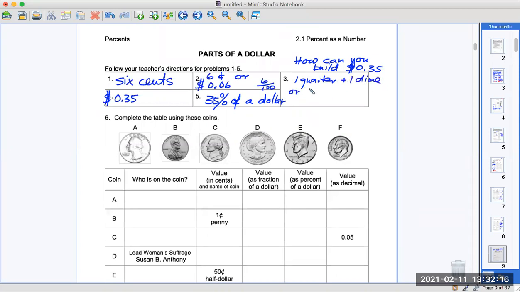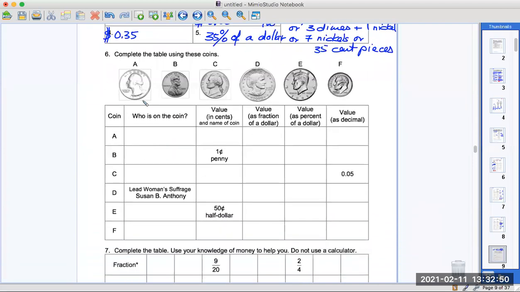Or you could take 3 dimes, 30 cents, plus 1 nickel, which is 5 cents. Those are all possibilities. Or you could do 7 nickels. Or you could do 35 single cent pieces. And nobody does that, hopefully, when you pay, but some people do.